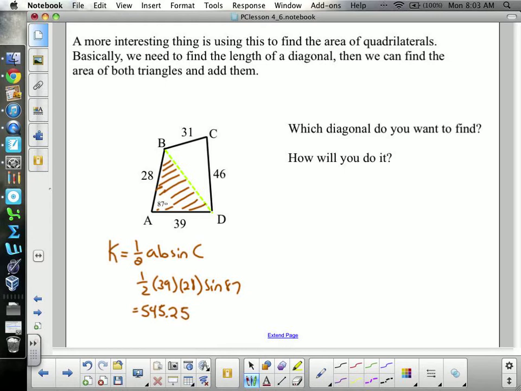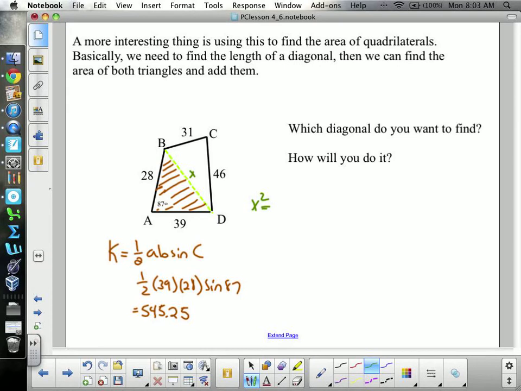Okay. You're saying, well, that's great, but I still don't know side BD to use Heron's formula for the other half of the triangle, and that's true, we don't. But we have a couple choices. I could reverse engineer Heron's formula for this area, which would be a real pain. I could use law of cosines to find the length of this side.